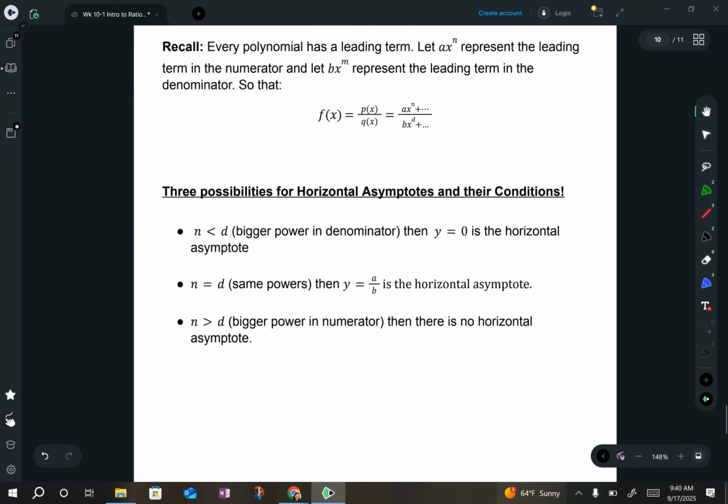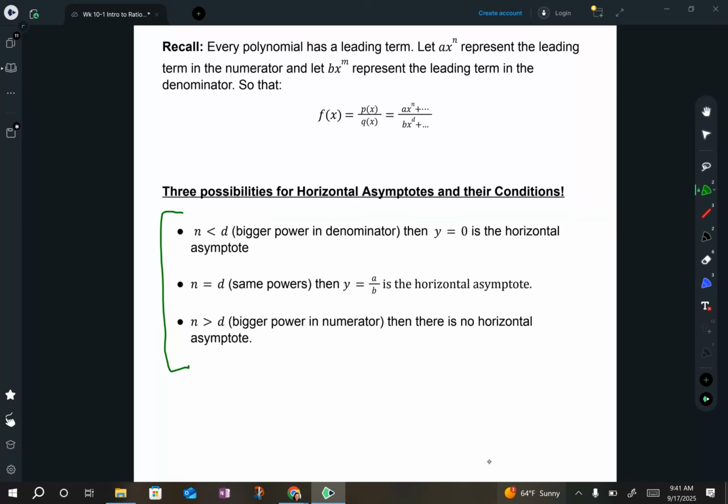And here are the rules for horizontal asymptotes of rational functions. This is definitely something that should go on your note card. If the degree of the numerator is less than the degree of the denominator, then the x-axis is a horizontal asymptote, y equal to 0. If the degree of the numerator is the same as the degree of the denominator, then the ratio of the leading coefficients is a horizontal asymptote.